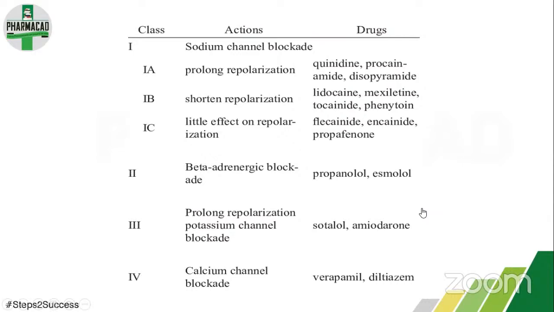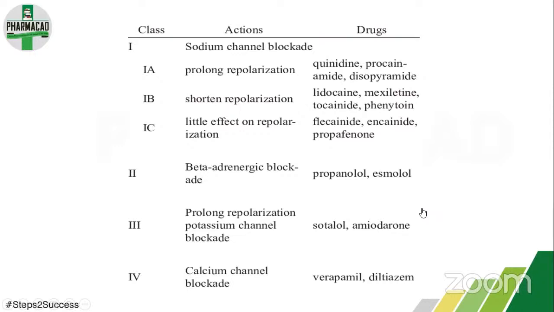First of all, the classification of antiarrhythmics is a bit different when you compare it to classifications of other diseases or conditions. Here, the classes are given specific class numbers, that is 1, 2, 3, 4, and within a class there are subclasses like 1A, 1B, 1C. You cannot interchange these classes because they are named as per the guidelines.